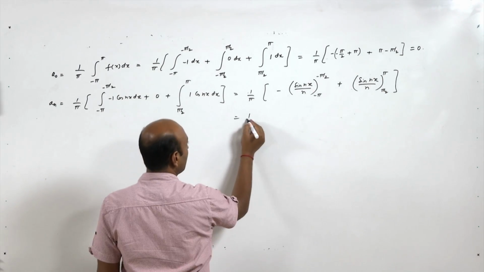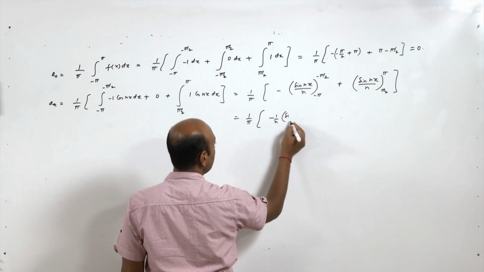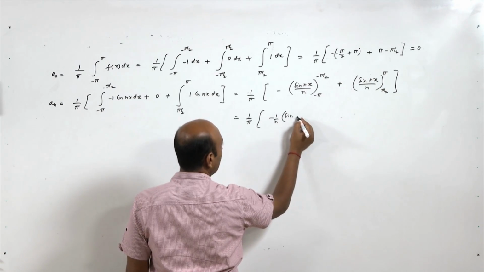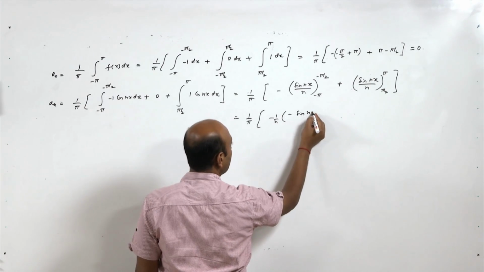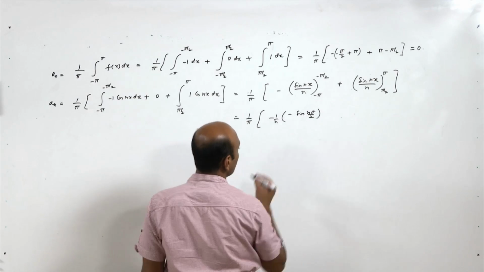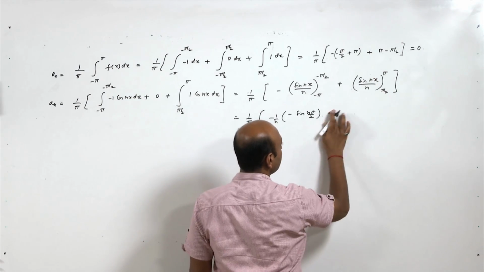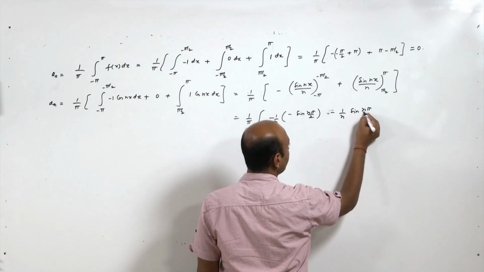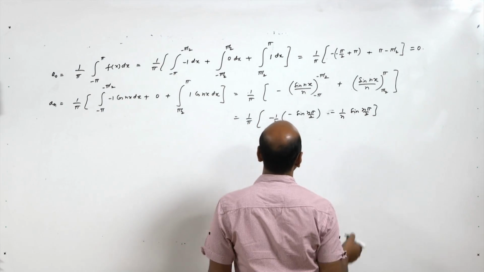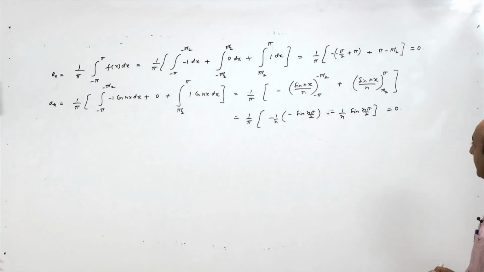So, it is nothing but 1 upon pi, minus 1 by n comes out, and it is negative of sin n pi by 2, and sin n pi is 0. Again here sin n pi is 0, and it is nothing but minus of 1 by n sin n pi by 2, which is again 0. So, it is 0, that you can easily simplify.